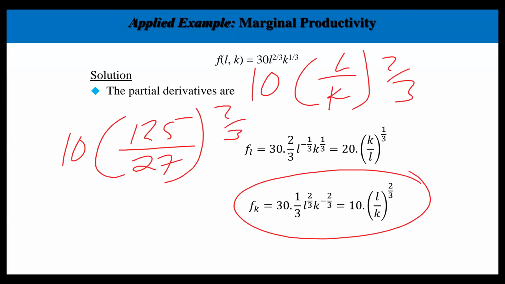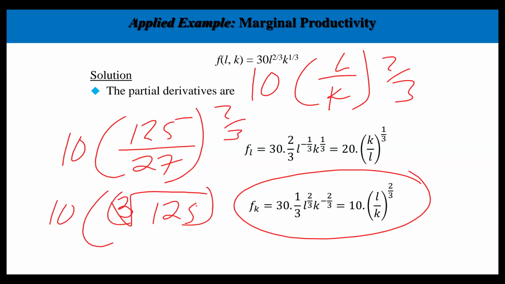And I did indicate that 2 over 3 is the same as 10 multiplied by the third root of 125 to the power 2, divided by the third root of 27 to the power again 2, from the rule of indices.